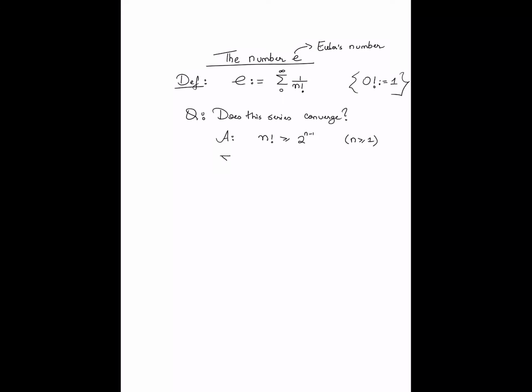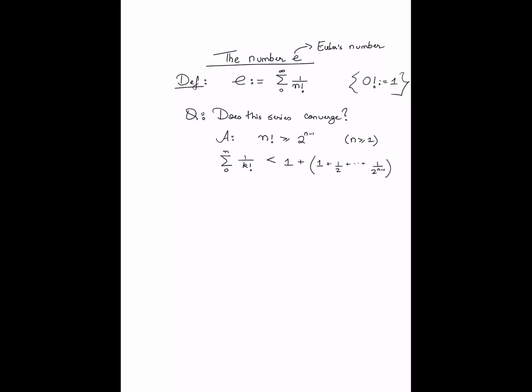And so in that case, if I look at the running sum from 0 to n of 1 by k factorial, this is going to be less than 1, corresponding to k equals 0, and then from k equals 1 onwards I have my bound: 1 plus 1 by 2 plus all the way up to 1 by 2 raised to n minus 1.